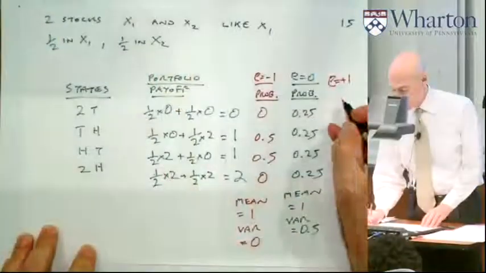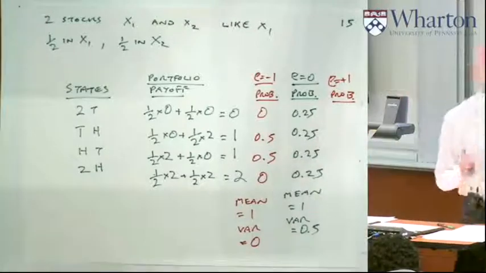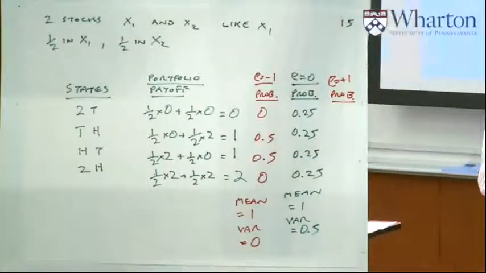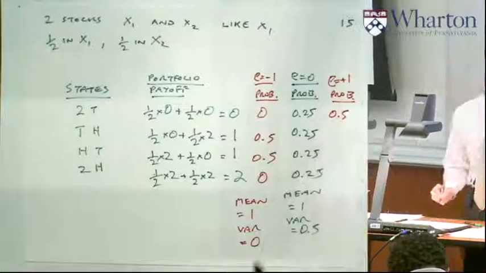If we go to rho equals +1, what are the probabilities? +1 means what? The first one's a tail. What's the second one? Tail. Can we have a tail head? No. So the probability of two tails is 0.5.